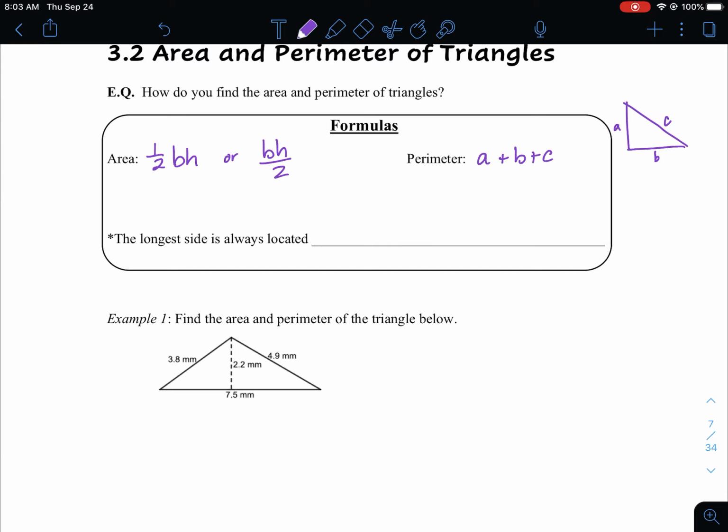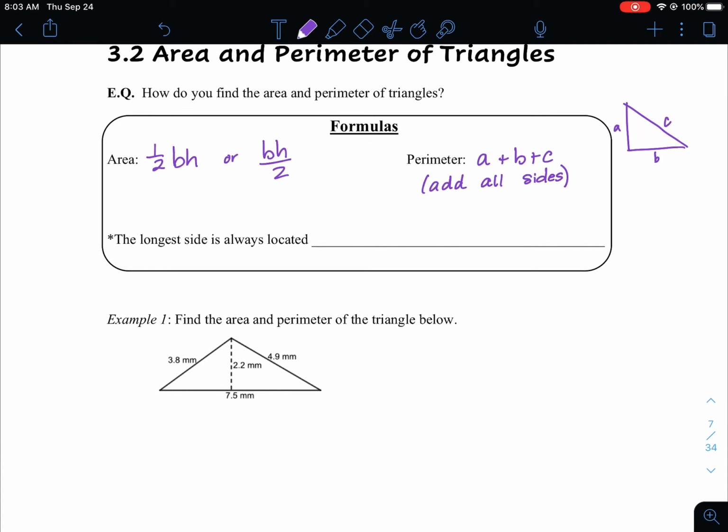So instead of just remembering that formula, like we always said, all we have to do is simply add the sides. Another little side note: the longest side is always located across from the largest angle.